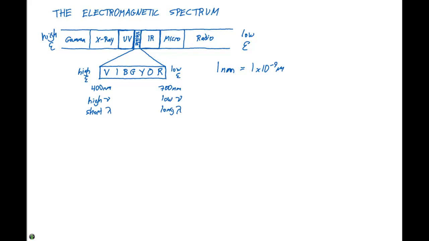So here we start to see the relationship between energy, wavelength, and frequency. And Albert Einstein was one of the first scientists to look into these relationships.